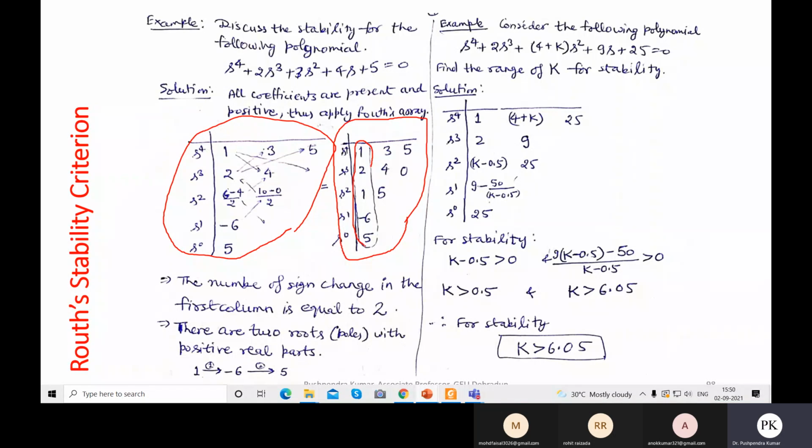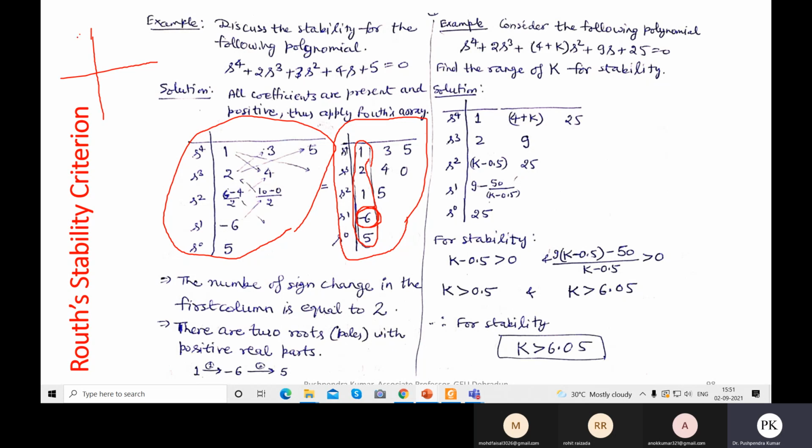All coefficients are not positive. One coefficient is negative, one term is negative. It means the system is unstable. But you can also tell how many roots are on the right-hand side.